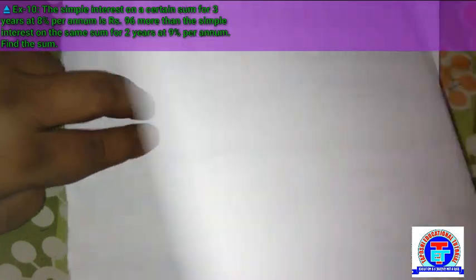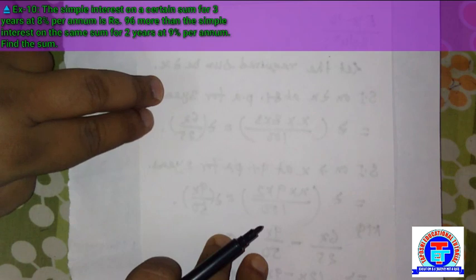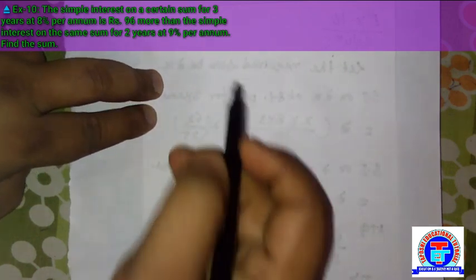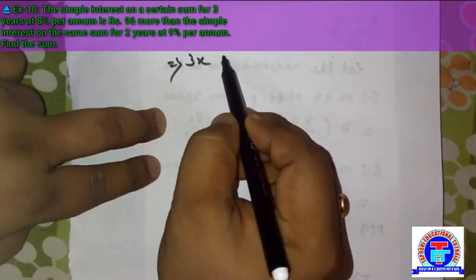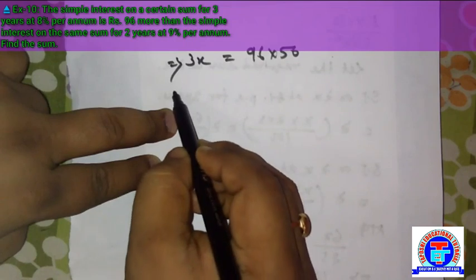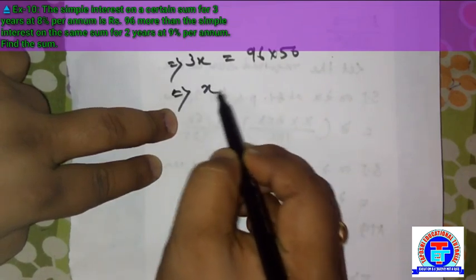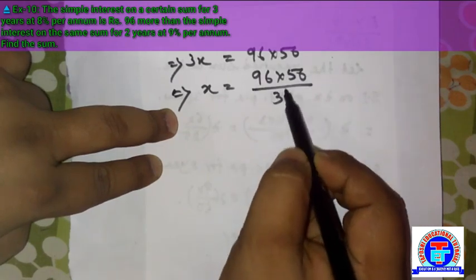Now this will come 3x is equal to 96 into 50, implies that x is equal to 96 into 50 by 3.